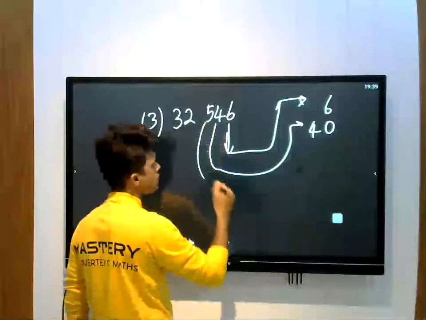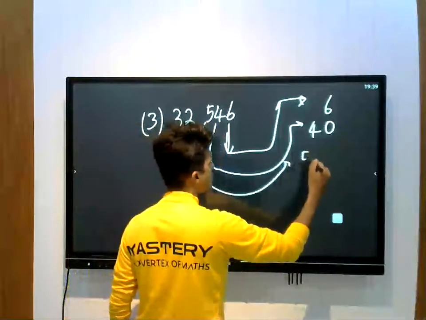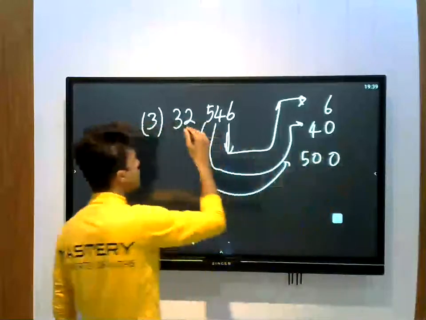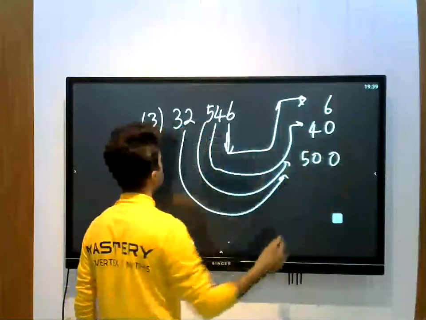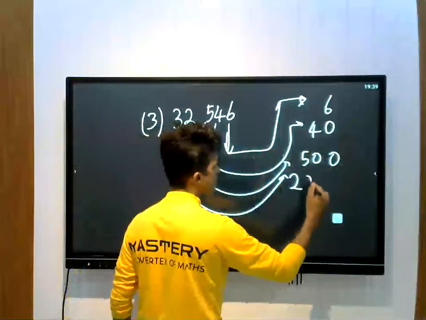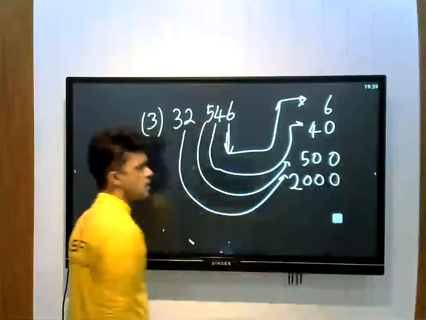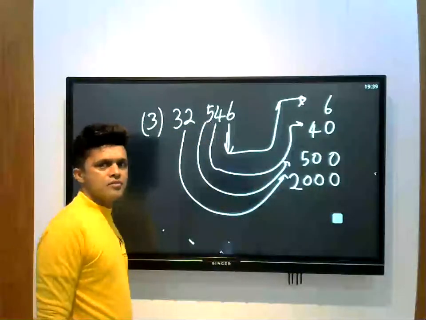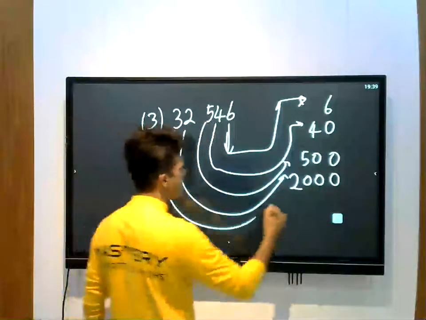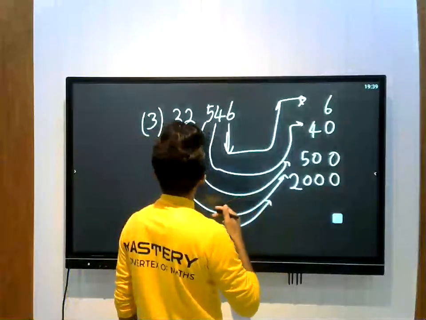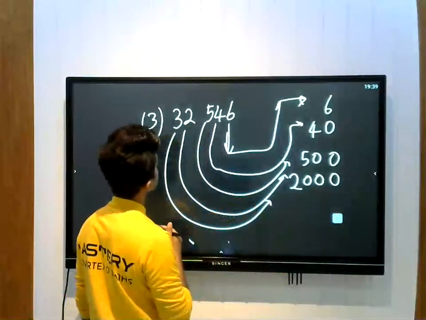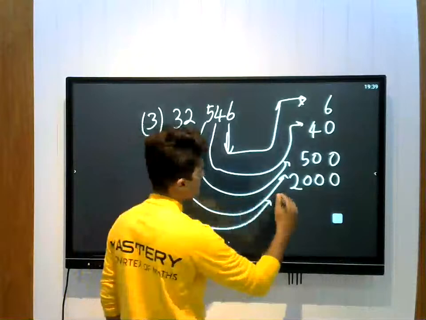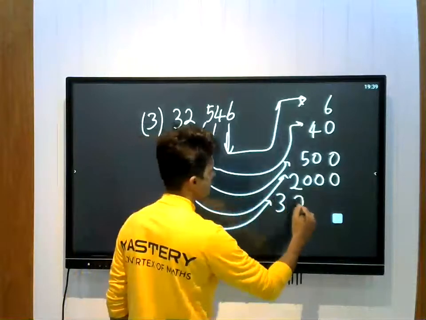The represented value of 5 is 500. The represented value of 2 is 2000. The represented value of 3 is 30,000.